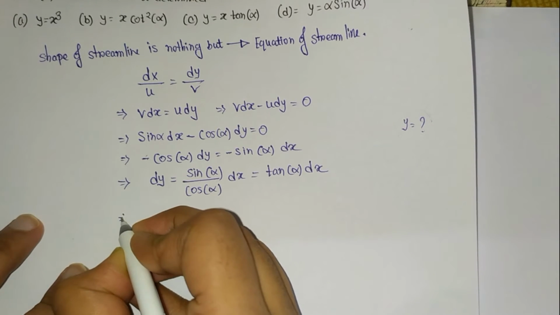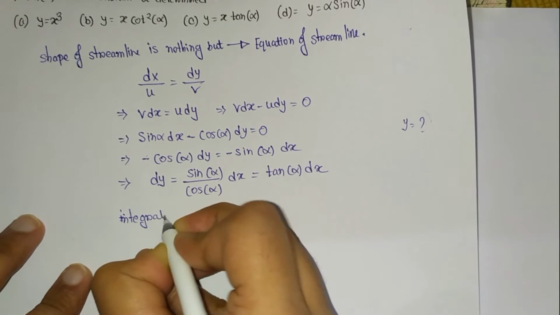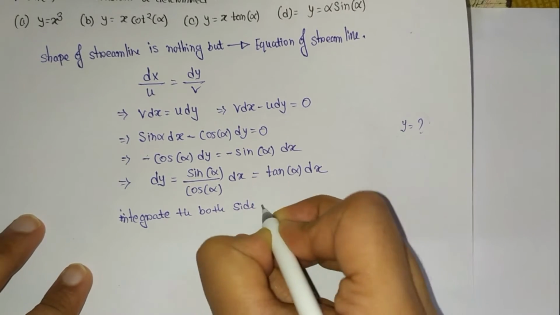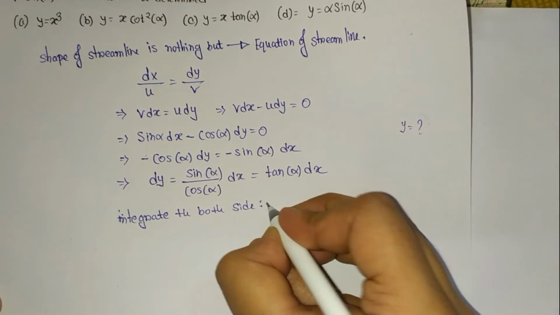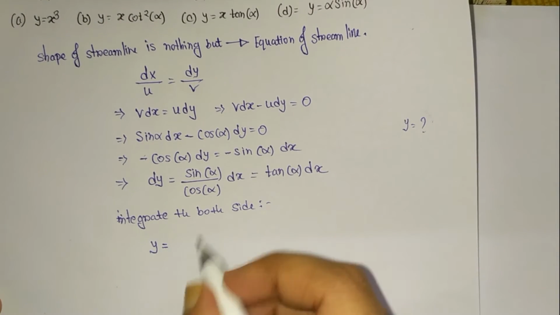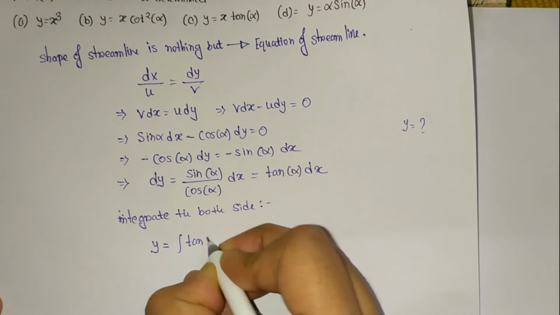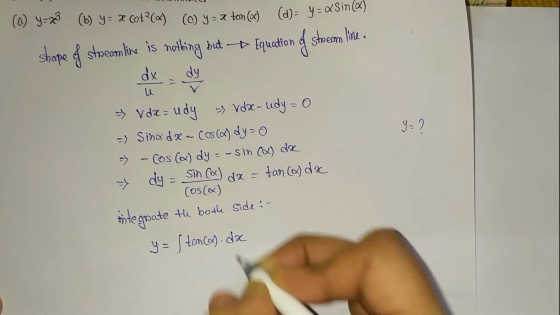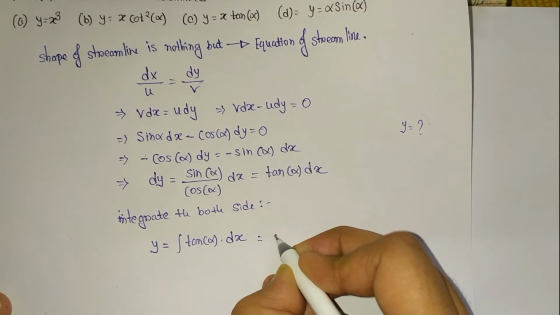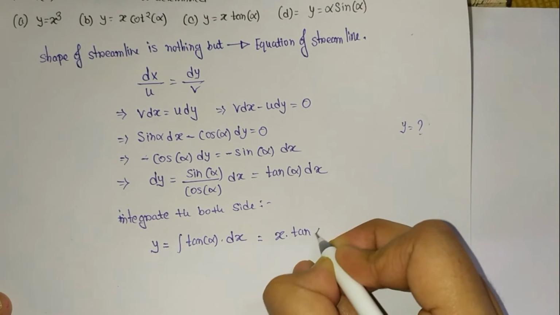Now we integrate both sides. What are we getting? y equals tan alpha dx, and the integration of dx is x, so x tan alpha.